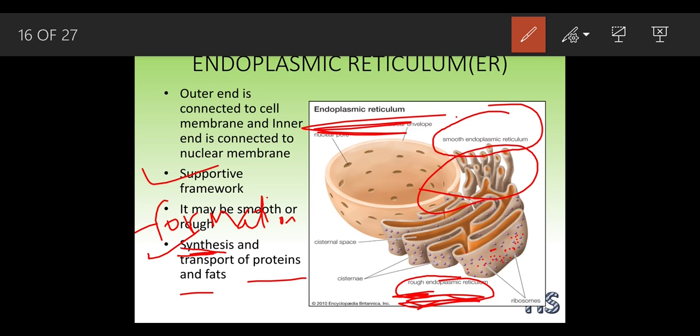So the kitchen helps in the synthesis of the food, but that food we take and serve on the dining table. Same like that, the endoplasmic reticulum helps in the formation of proteins and fats, and once these proteins and fats have been made, they are transported to the various different organelles inside the cell.